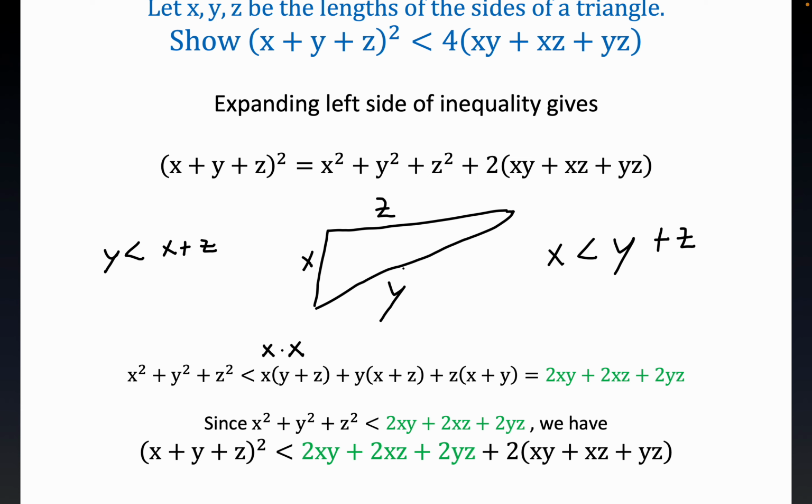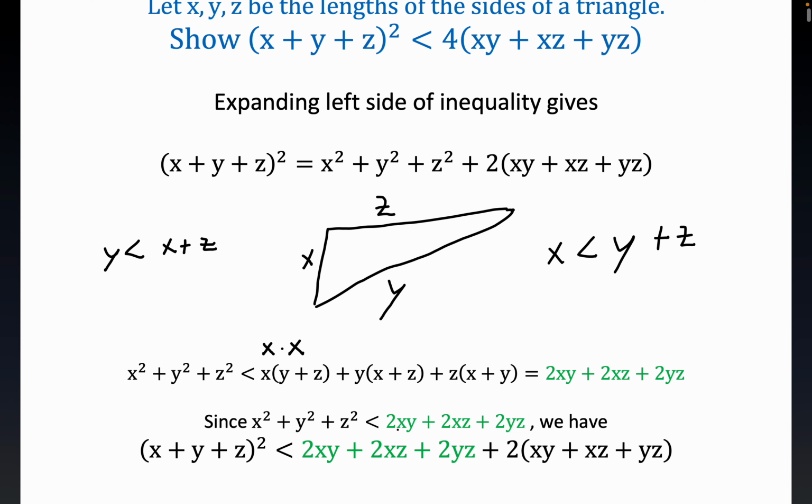Now, when you multiply all this out, you get 2xy plus 2xz plus 2yz. So we can write x squared plus y squared plus z squared is less than this. And then from the original statement, we can write this.